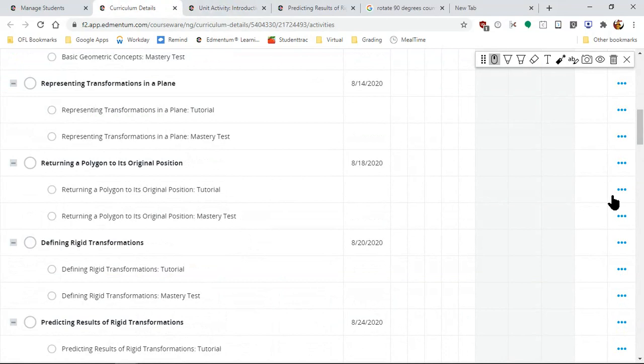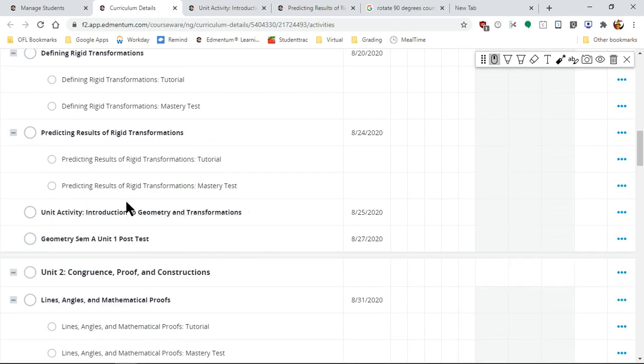So the mastery test will be due tomorrow at midnight as usual. The post test and the unit activity will be due Sunday at midnight. But the mastery test I want done by Friday at midnight, so that over the weekend you only have to focus on these.